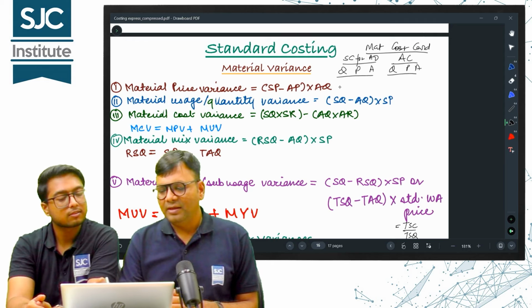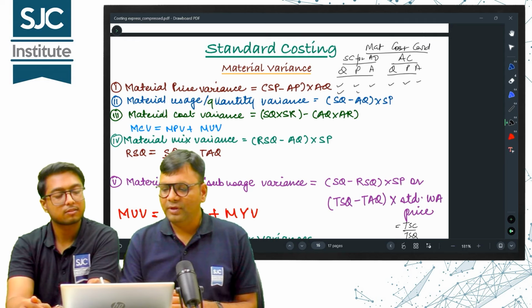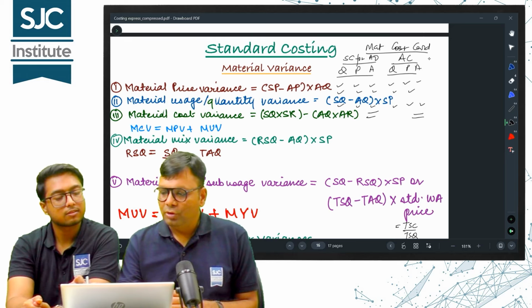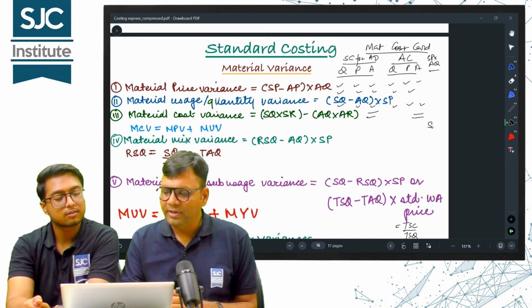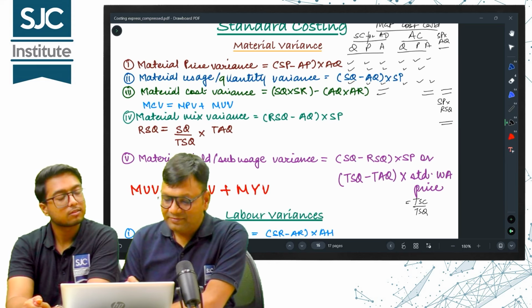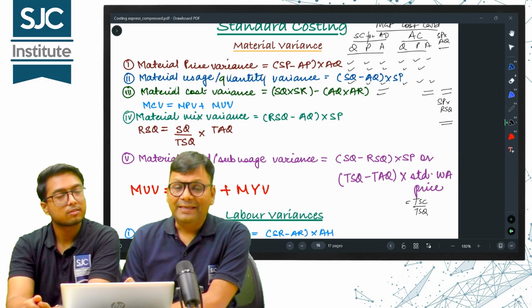If you have just one material, then you just do this once, but if you have multiple materials, you have to do it for all the materials together to find out the total amount. And against this, you will be making two additional columns, which are SP into AQ, and another column would be SP into revised standard quantity. These totals help you to compute these variances in an easy way.